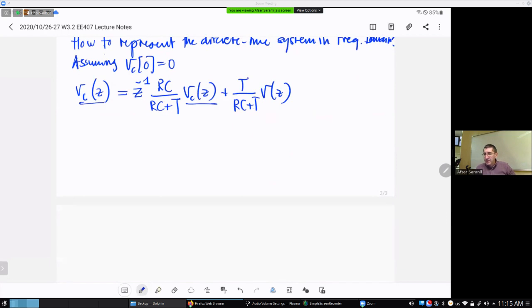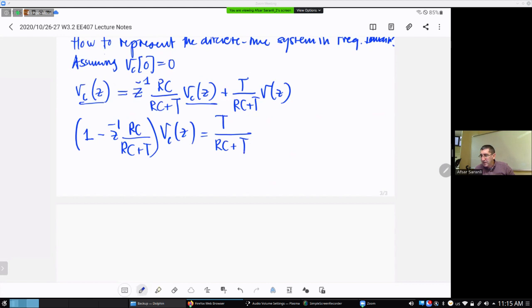So I can write again an algebraic equation. So I regroup Vc of z on the left hand side. 1 minus z to the minus 1 Rc over Rc plus T Vc z is equal to T over Rc plus T V of z. And therefore I can actually write the transfer function in terms of the z transformed versions.